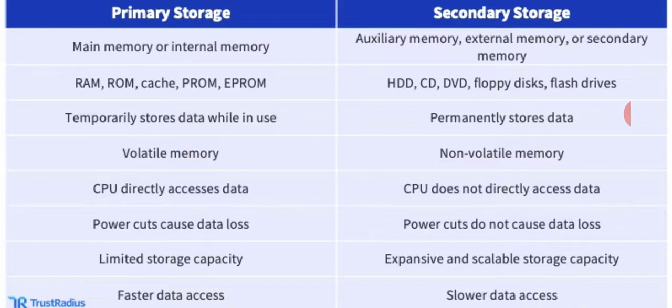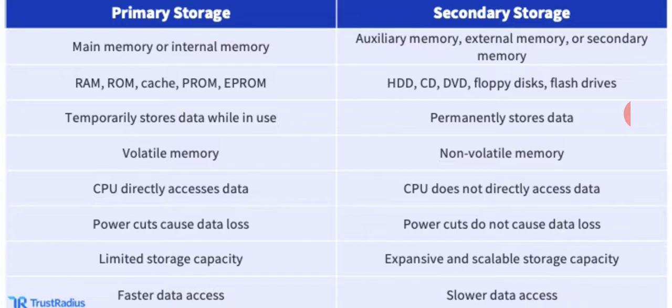It is because the CPU can directly access the primary memory, whereas the CPU cannot directly access the data from the secondary memory. If the CPU wants to access any data from the secondary memory, then the data has to be first transferred to the primary memory and then the CPU can access it.